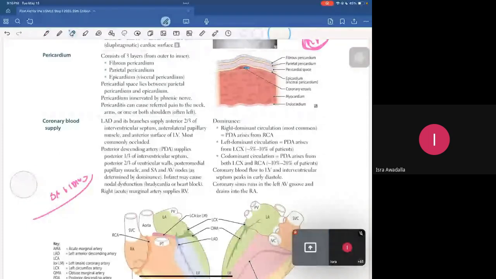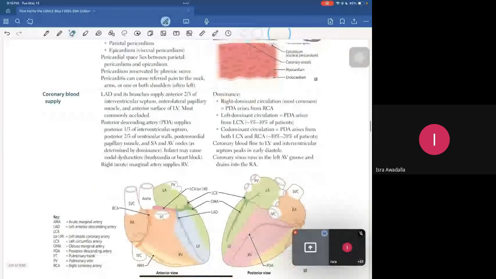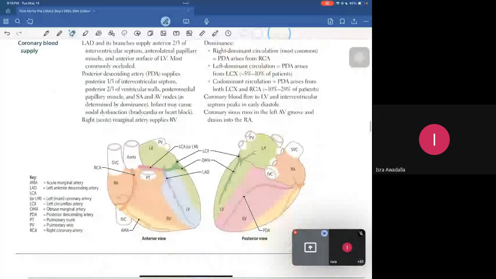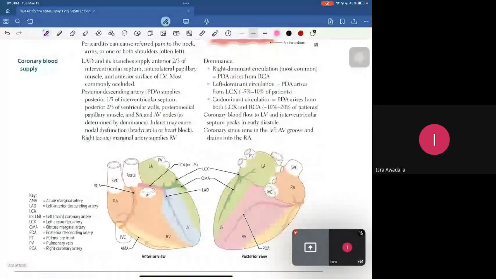Now let's move to this diagram, right? So this is the front part, right? And the main artery that supplies the front part is the left anterior descending artery, right? It supplies the anterior part of the heart, which is the main part of the heart.